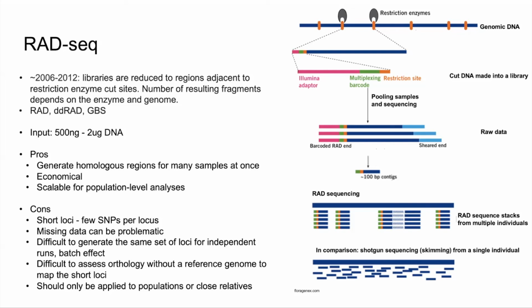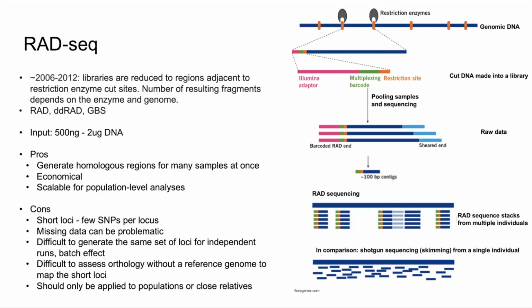So in this method, you input between 500 nanograms and 2 micrograms of extracted DNA from a leaf, for example. You use restriction enzymes to chop it up, that's shown at the top. The cut DNA that you generate is made into a sequencing library. You can pool those samples and sequence them together to get your raw data.